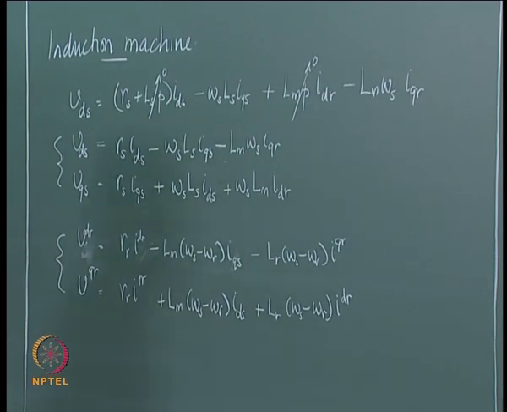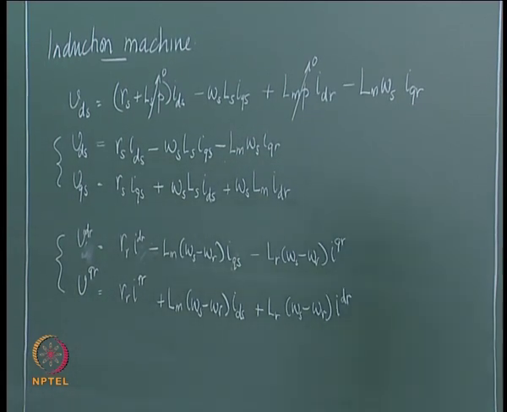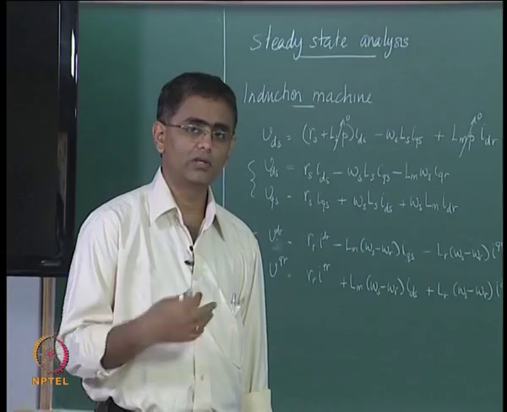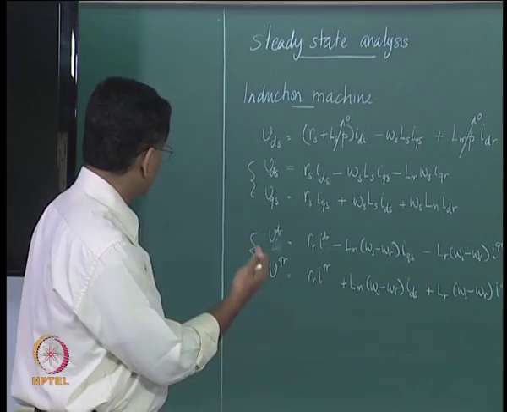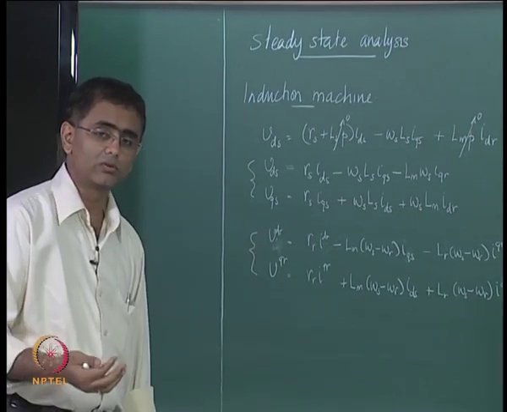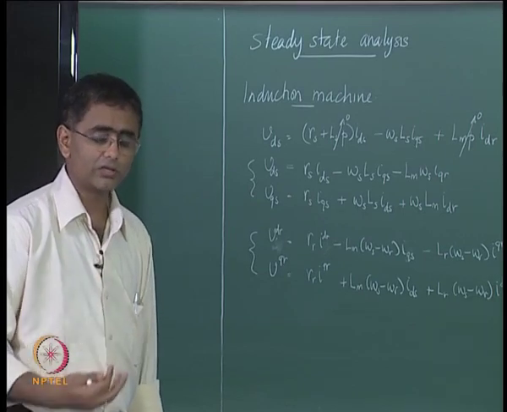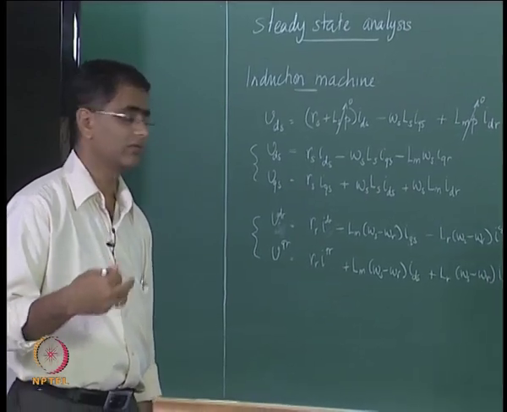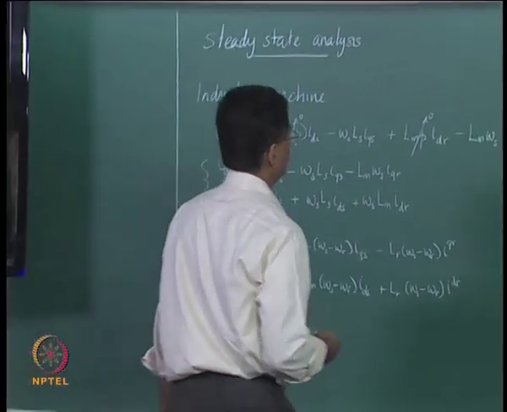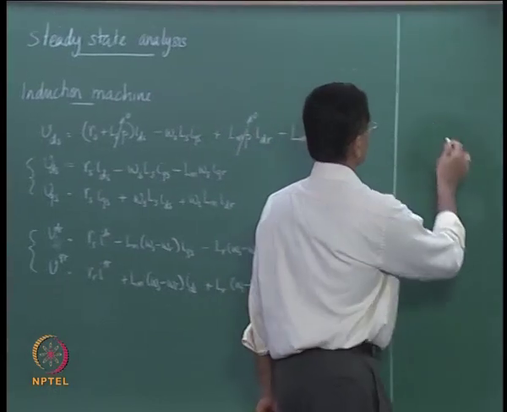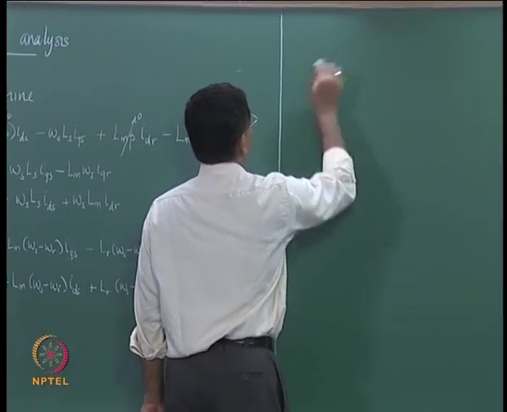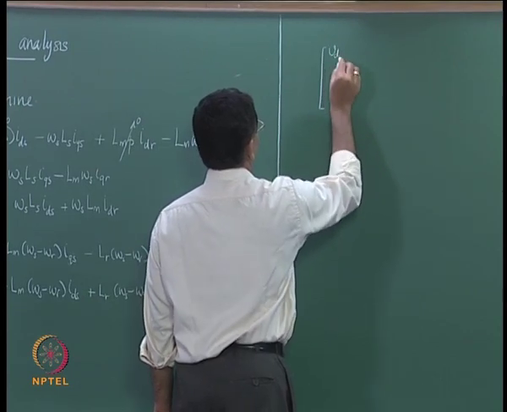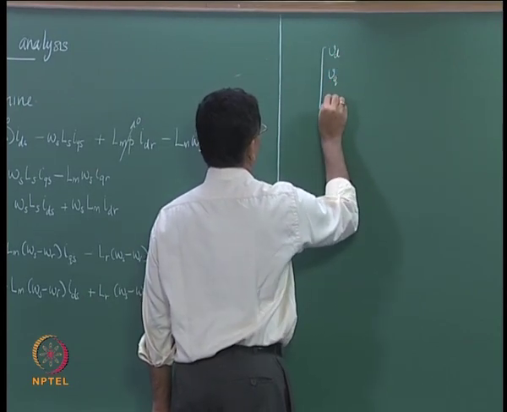And since we are looking at the per phase equivalent circuit in the natural reference frame, the three-phase reference frame, we need to transform these equations to the normal phase voltage of A phase stator and the phase voltage of the rotor. We know that we have gone to the dq equations, Vd, Vq and V0.